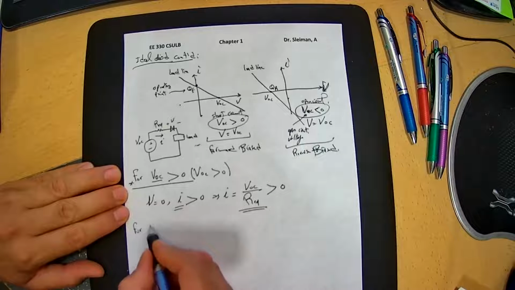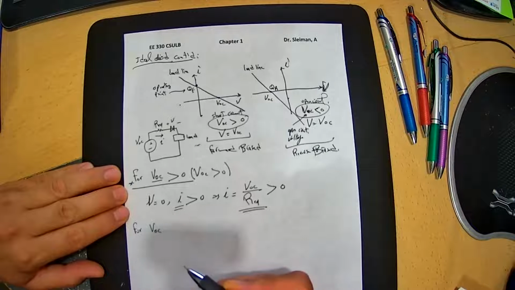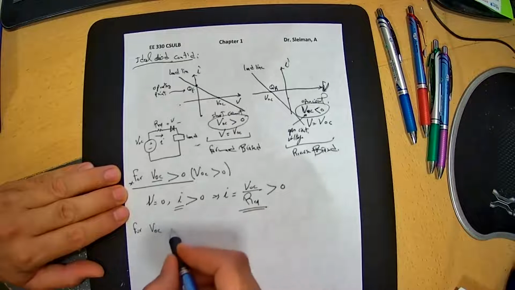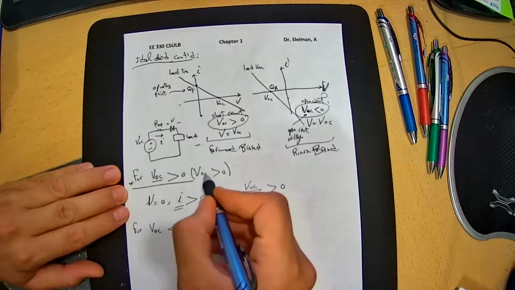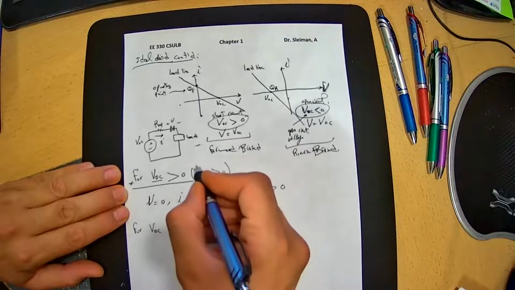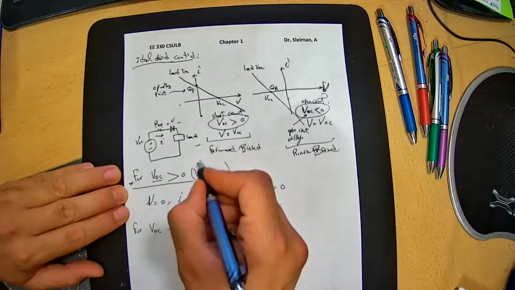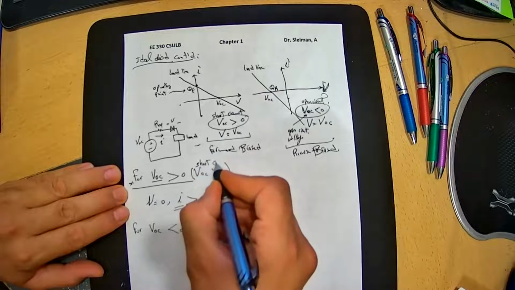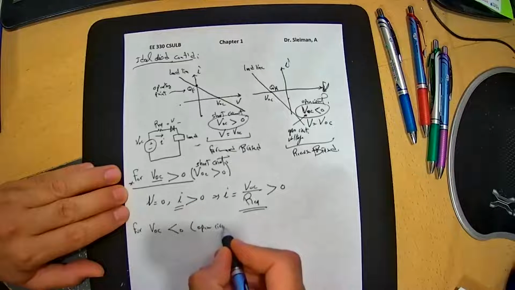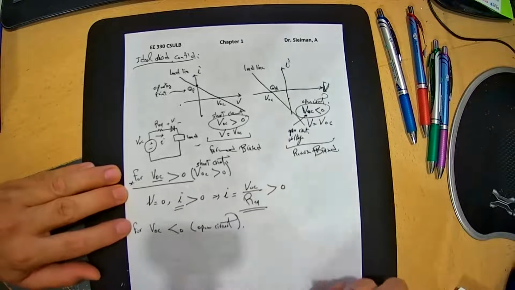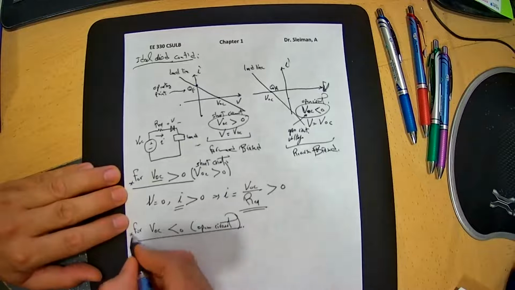For the open circuit voltage less than 0, we have an open circuit. Here I wrote it again, it should be short circuit, and here should be open circuit. This is my second case.